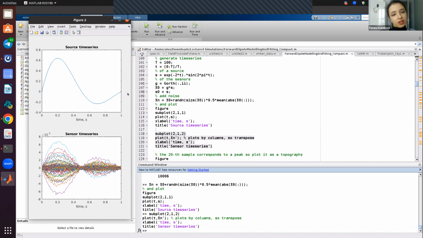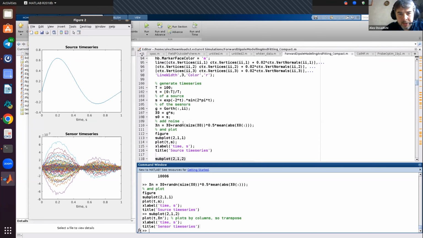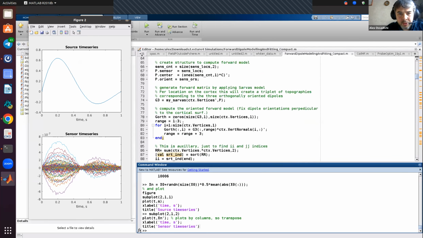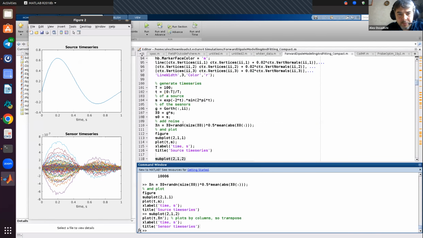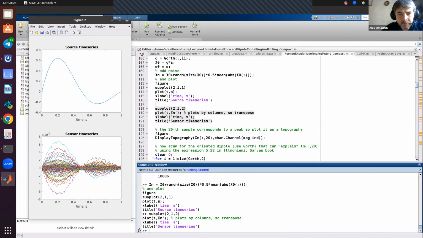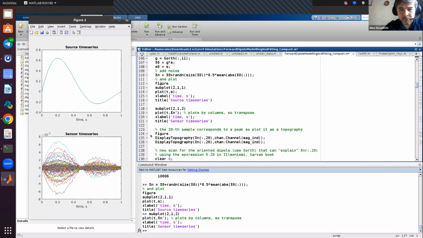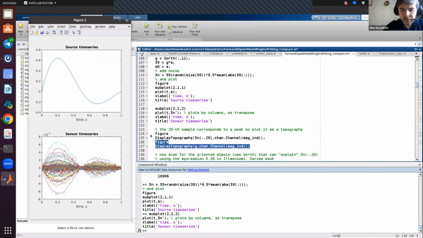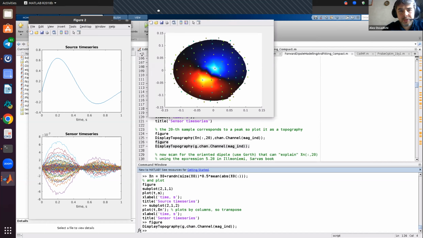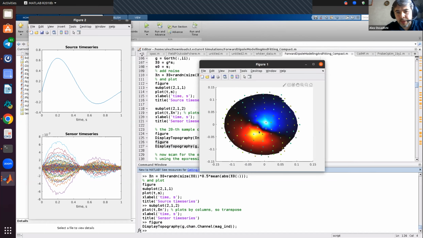Okay, and then you take this source, and because you know where it is located, let me show you. Display topography of G. Then you take this G, which has this topography, which corresponds to a dipole that's somewhere there.